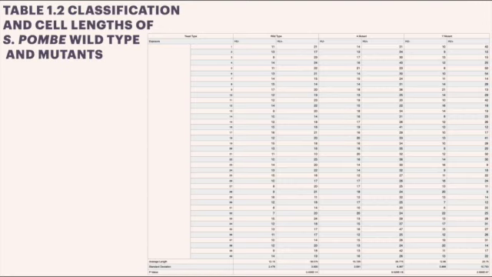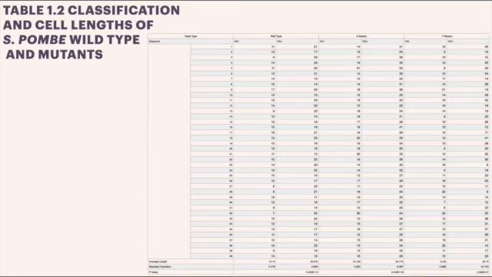For the Y mutant, we have the averages at 12.95 and 23.75, and the difference between these two averages is 10.8. And although this is smaller than the first mutant, it is still much larger than the wild type.